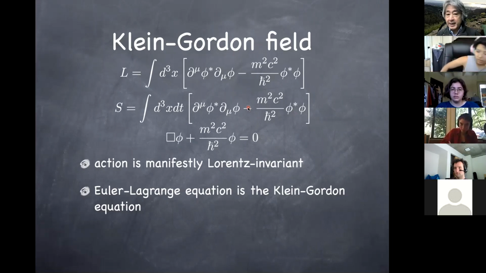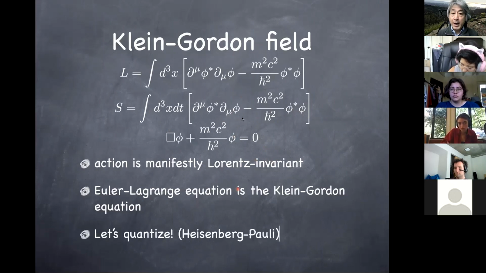I remove minus signs from both terms, and that's nothing but the Klein-Gordon equation I had on a previous slide. So it's easy to see that this Lagrangian does lead to the Euler-Lagrange equation, which is nothing but the Klein-Gordon equation. So now we have an action or Lagrangian, which is consistent with special relativity, which is consistent with the Klein-Gordon equation.